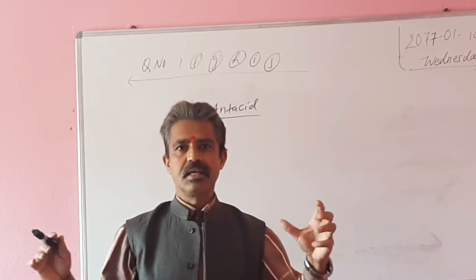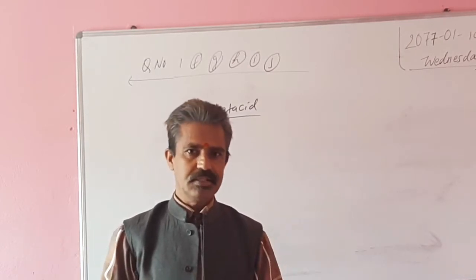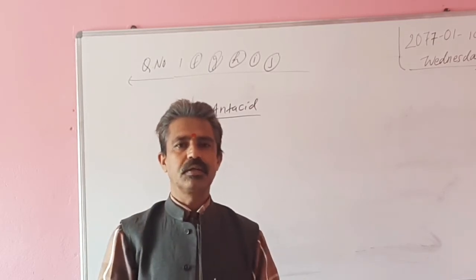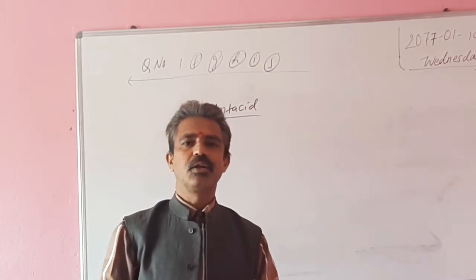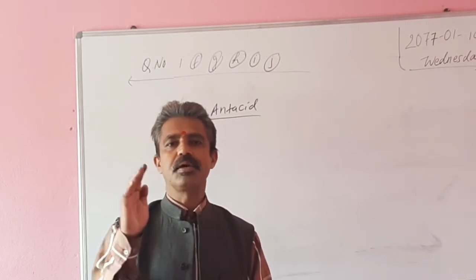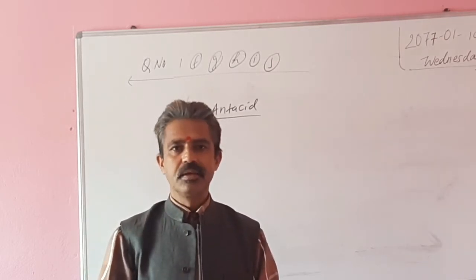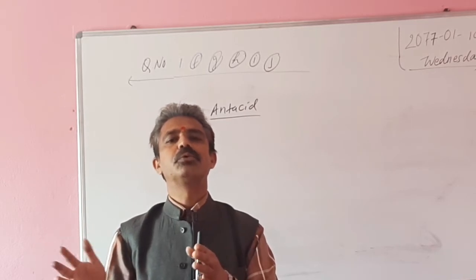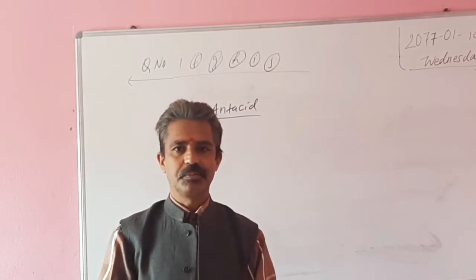Acid and base are strong chemical substances of different nature. The pH value of acid is less than 7, the pH value of base is more than 7. When they react together, they form neutral substances, salt and water.